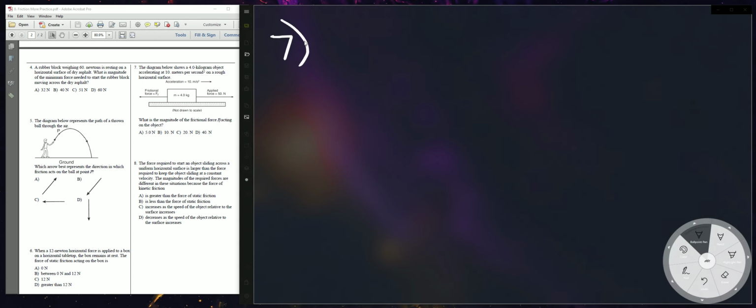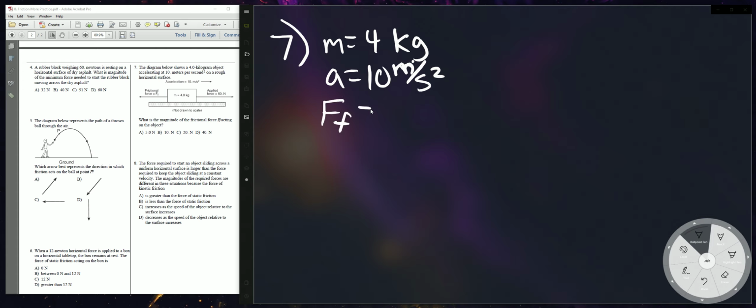7. The diagram shows a mass of 4 kilograms acting on the block, acceleration 10 meters per second squared. It's a weird m, but hey, we're not all perfect. What's the magnitude of the frictional force acting on the block?